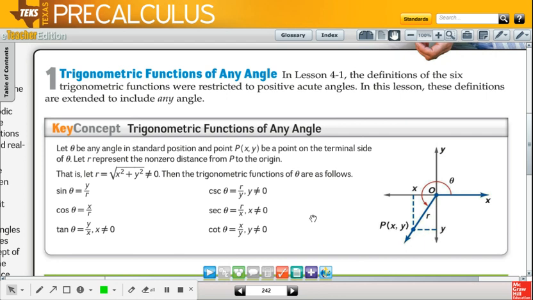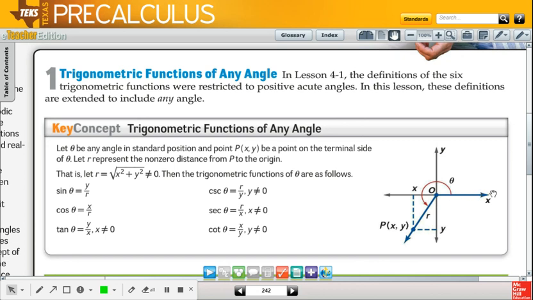Now the concept is defined as let theta be any angle in standard position and point P of x and y, a coordinate point, to be a point on the terminal side of theta. So what it means, just like how we took notes in 4.2, standard position will always be the right side of the x-axis.